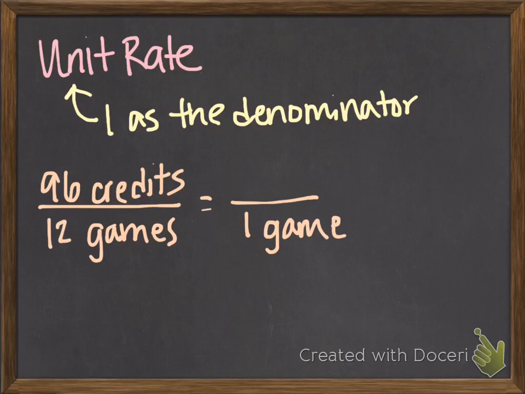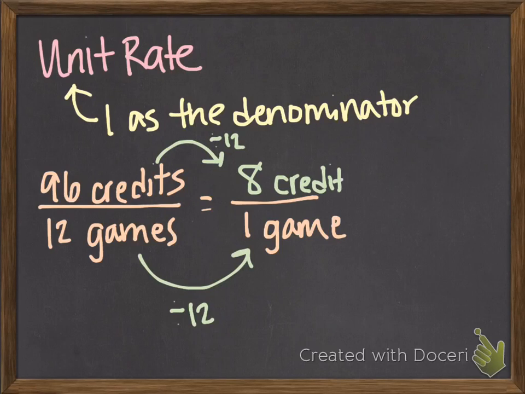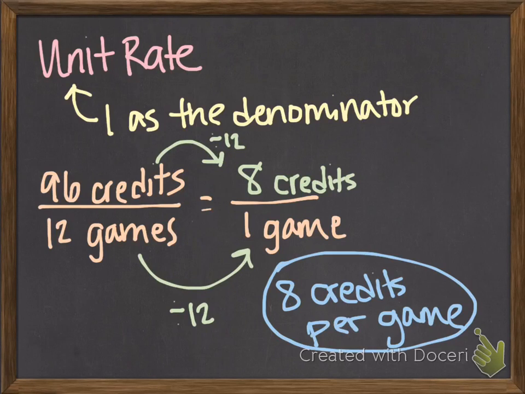I want to know how many credits is it for one game. So to go from 12 games to one game, I had to divide by 12. And I'm going to do the same thing on the numerator. 96 divided by 12, and that's 8 credits. So what this means is that he earns 8 credits per game.